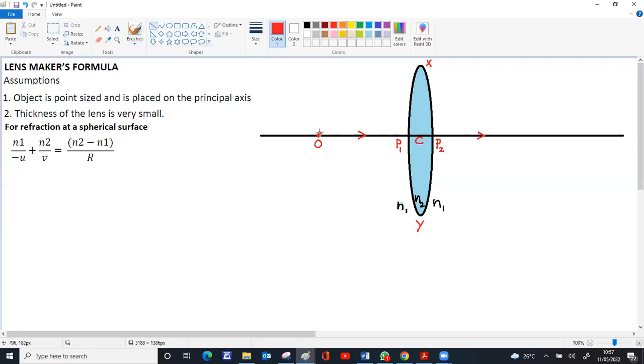Another light ray falls on any one point of the first refracting surface XP1Y.